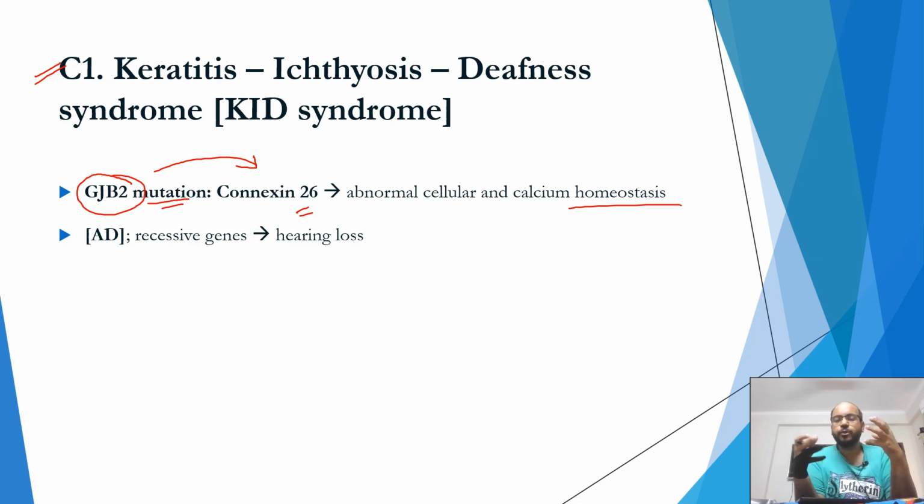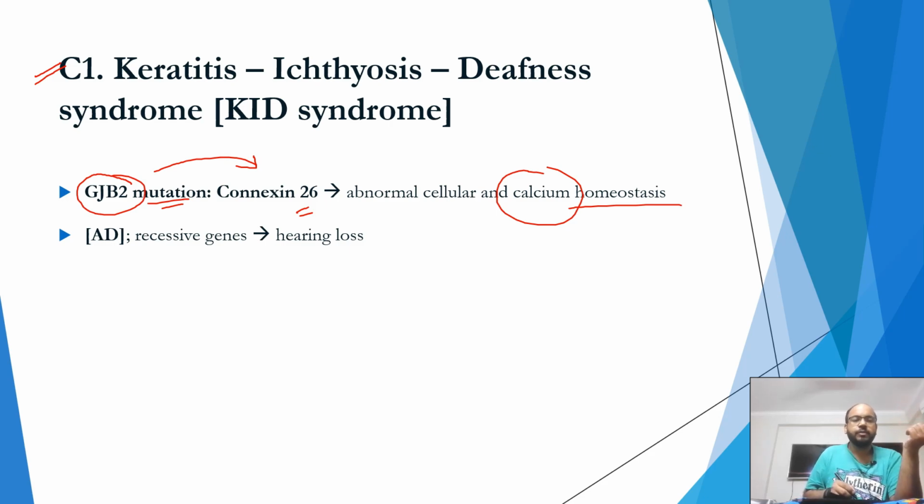That means the cell is not able to maintain proper functioning. Since connexins provide a channel for the signals, how are these signals transmitted? Through transmission of various materials, proteins, and chemicals. One important chemical is calcium. So because of mutations in connexin 26, you have problems in calcium homeostasis and cellular transduction of signals.